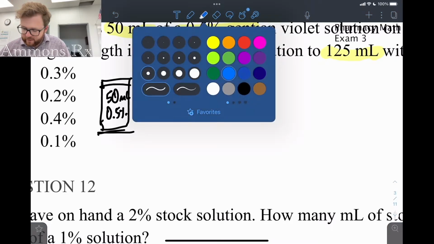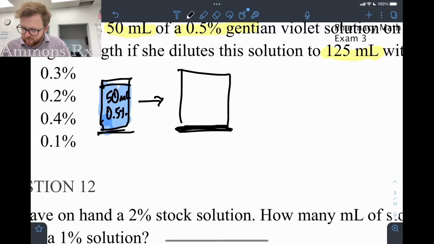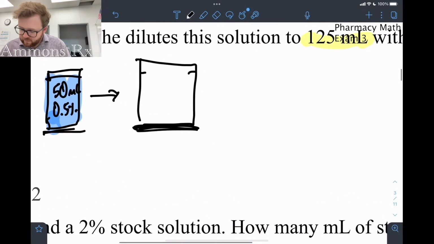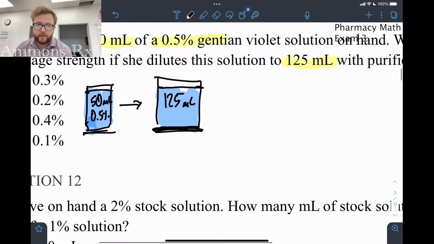This is not pure, this is not a solid, it's already diluted. But in this problem, she's going to turn that into 125. So the drug is not changing. All that's changing is the amount of solution it's in.